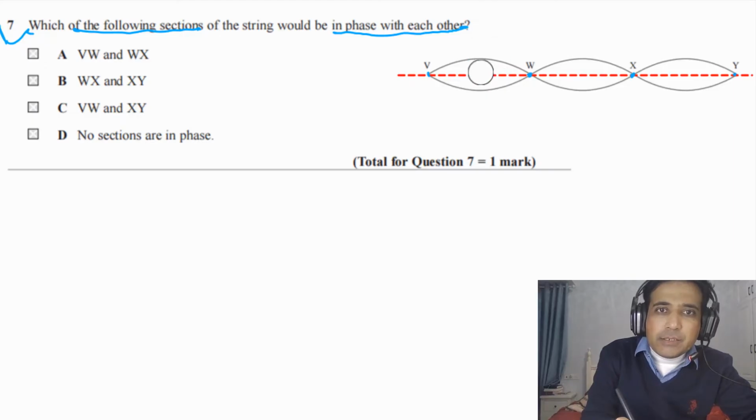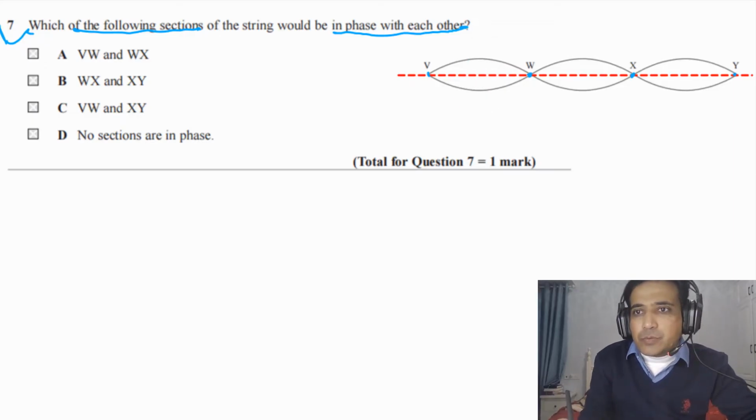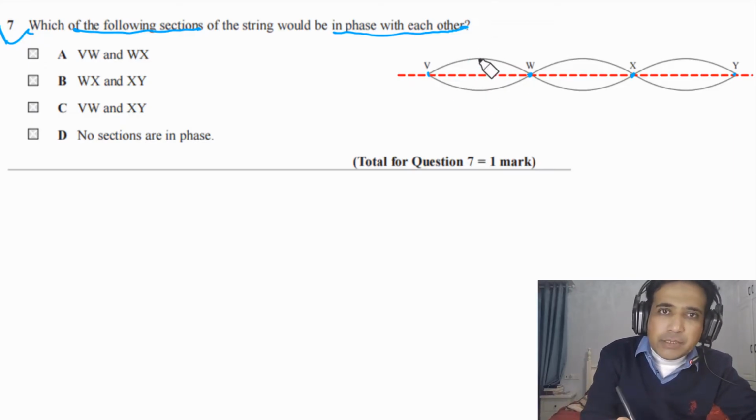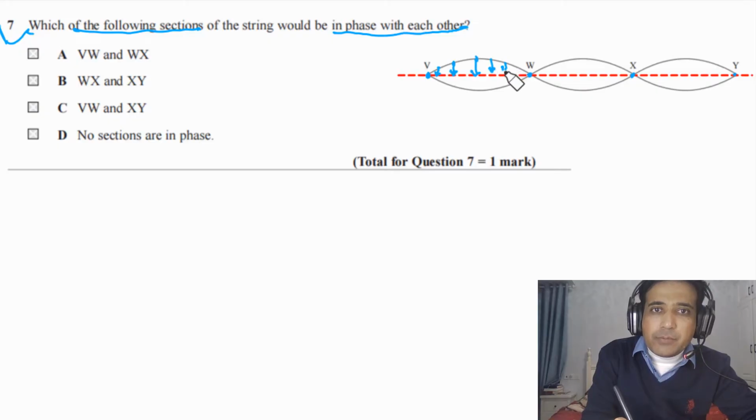So I can clear this ink. Imagine that at this point the amplitude of this particle will be this, and the particle here will have this much amplitude, and this one will have this amplitude, and this particle will be at rest all the time. And the particle here will have this much amplitude, and this one has very small amplitude, and this particle is always at rest.